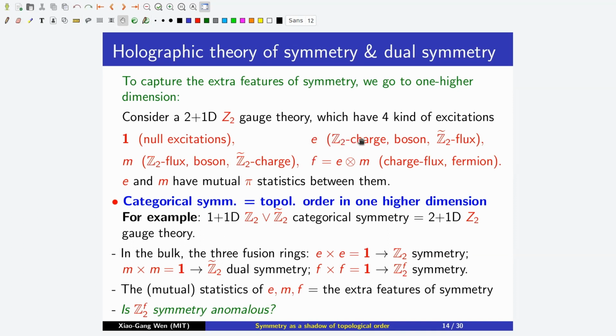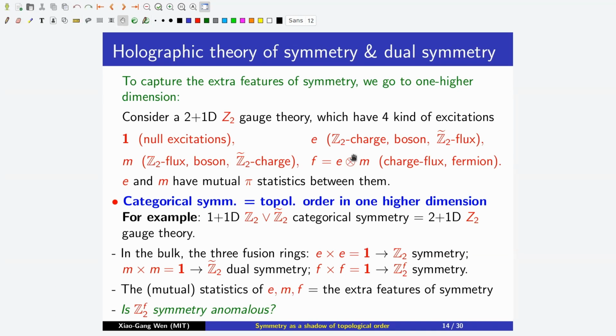So actually, this corresponds to a superconductor in 2+1 dimensions. This E is like a Bogoliubov quasiparticle, this M is like a pi flux in the superconductor, and F is the flux-E bound state. So this Z2 gauge theory is just like a superconductor.